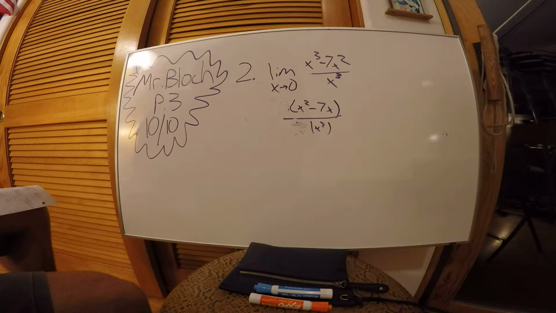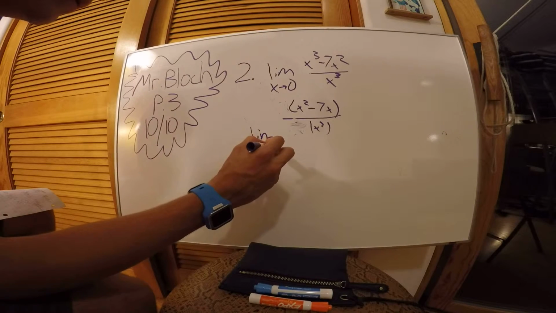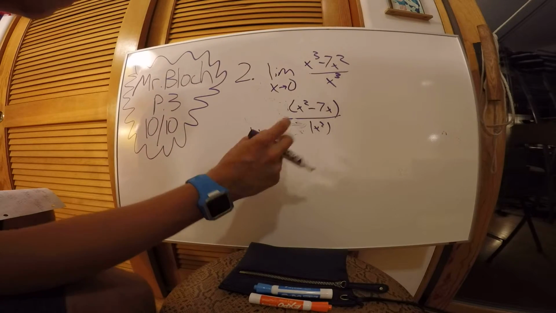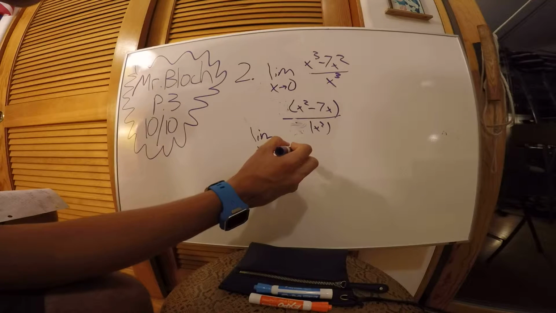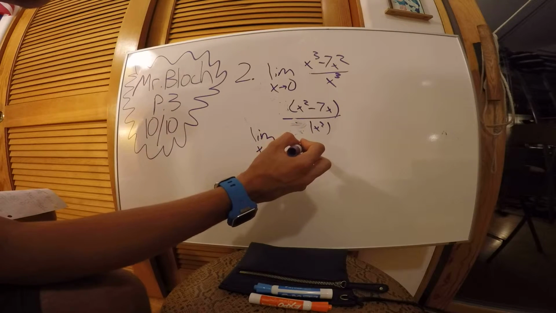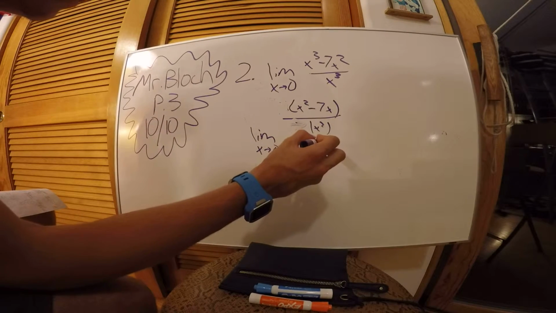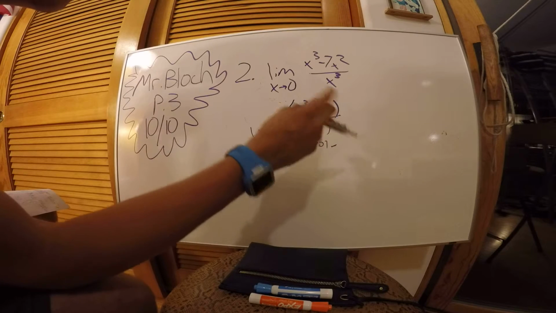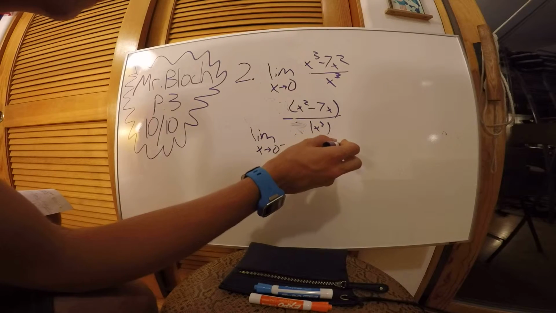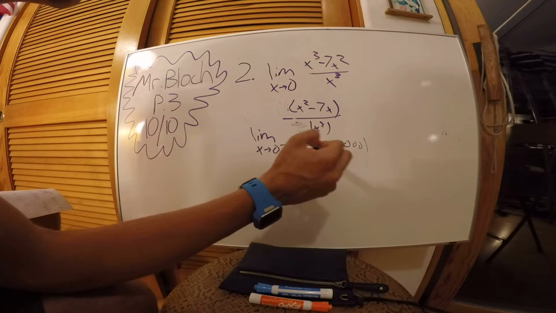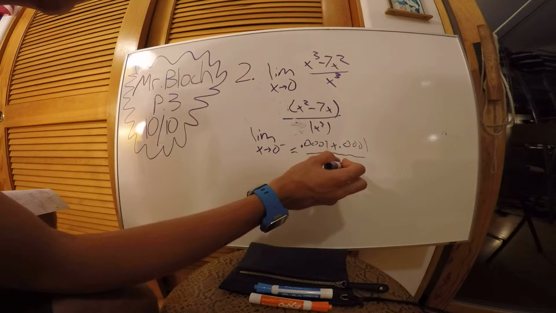plug in a limit with x going to 0 from the negative side, which is a very small negative number. So, let's see. So this squared will be 0.0001 minus another very small number, but it's negative, so it's going to be plus 0.0001 all over x squared, so it's going to be positive 0.0001.